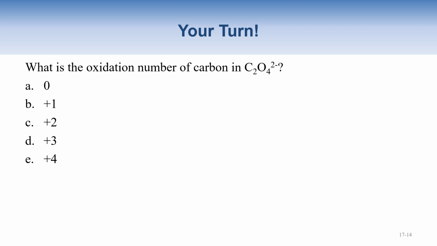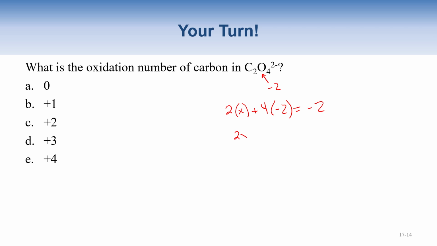Oxidation number of carbon in C2O4 2-. Oxygen is given -2, so we have 2 carbons plus we have 4 of our -2 oxygens, and we're going to set it equal to the charge.